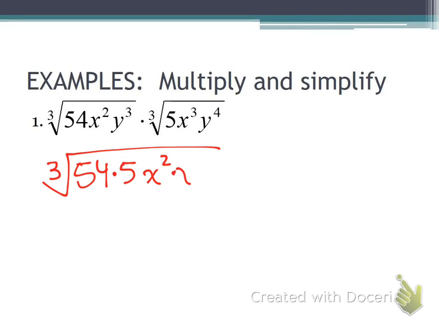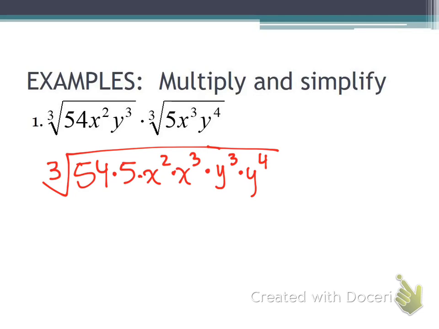So x squared times x cubed, and I like to rearrange it so that like things are by each other. Y cubed, y to the fourth. So notice I just rewrote it all. It's all getting multiplied together under one big cube root, but I didn't actually combine anything just yet.